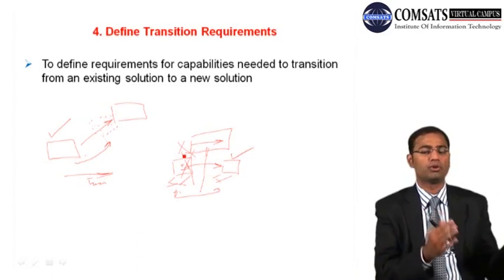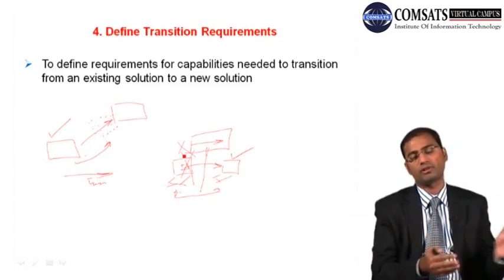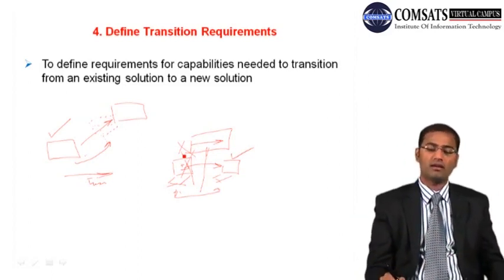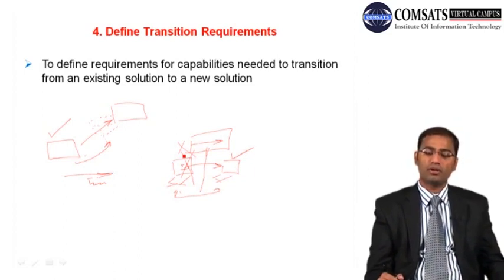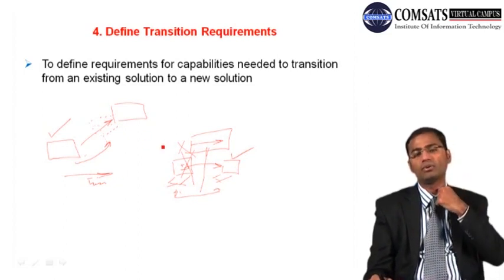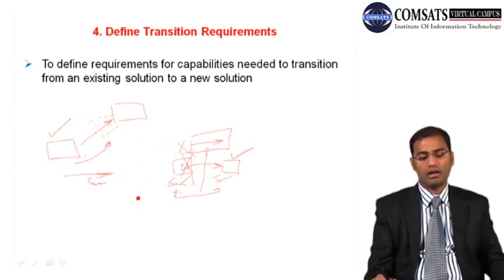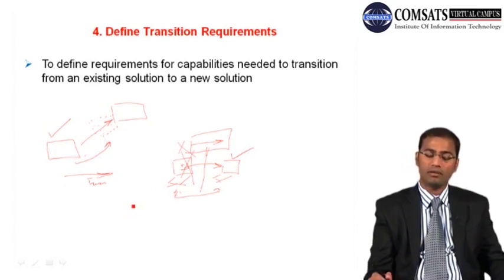A transition from old system to new system, from this project to another project, and from this existing solution to the new solution. We need to understand those requirements for capabilities if we are going to apply a solution, and this will enhance the capabilities of administration of our department or our enterprise.